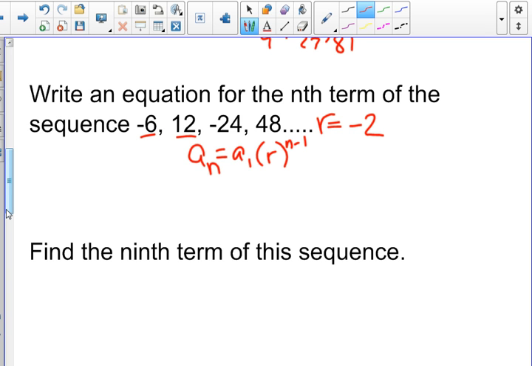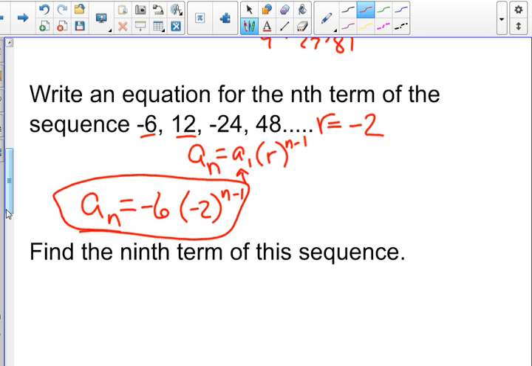Okay? So we're going to write this as a sub n is equal to a sub 1, which means the first term in our sequence, which is -6, parentheses, what our r is, so it's -2, parentheses, to the n minus 1 power. That's our explicit geometric equation, right?